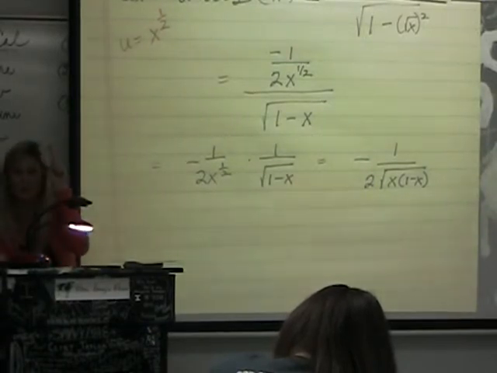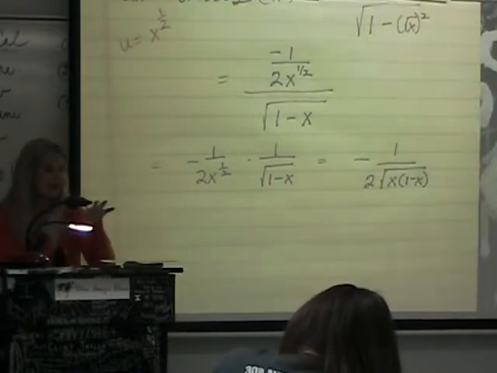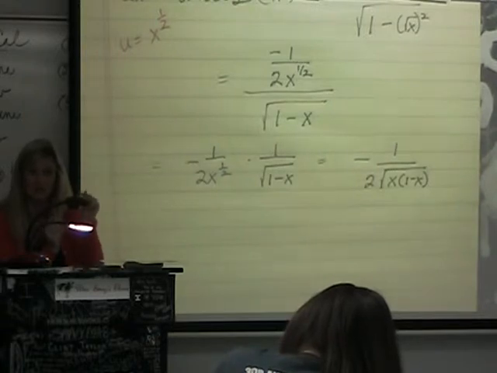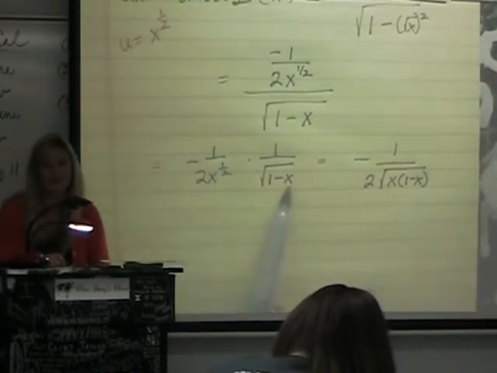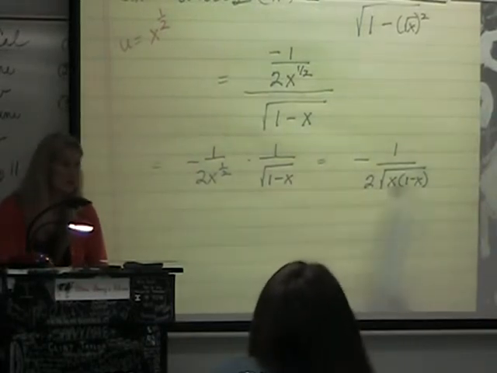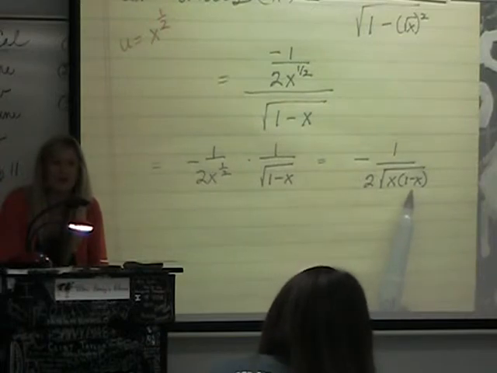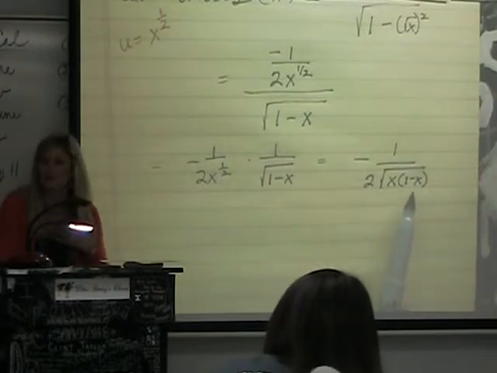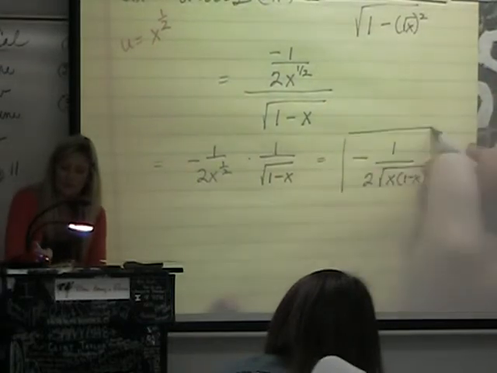I only need one square root symbol, and I multiply the two radicands together. Radicand being the expression underneath the square root. So in this case, I had the square root of x times the square root of 1 minus x, so I just wrote it as the square root of x times 1 minus x. I can distribute that x if I want and say x minus x squared, but I don't have to. I can leave it like this if I want.